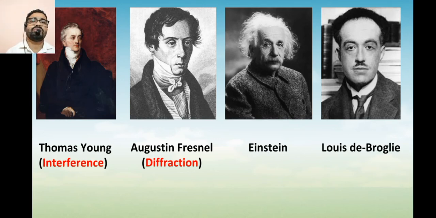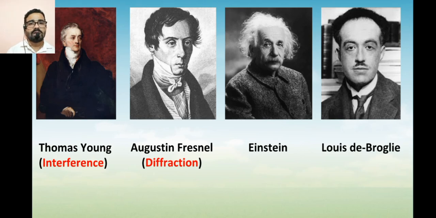Even though these scientists gave the theory for light, there were some drawbacks. So the solution to these drawbacks was given by Einstein. He is a genius scientist. We already know him. He is very famous. So he also gave some solutions for the drawbacks in the wave theory. Still, there were some contradictions in the nature of light.